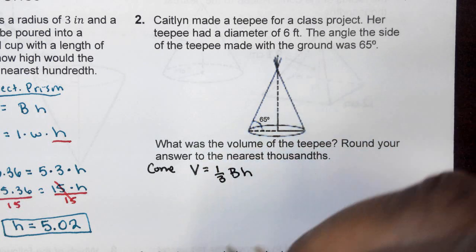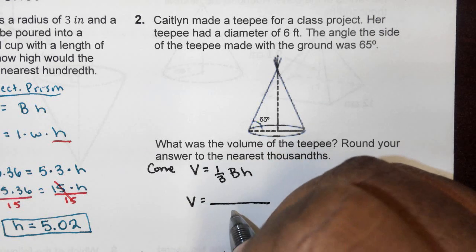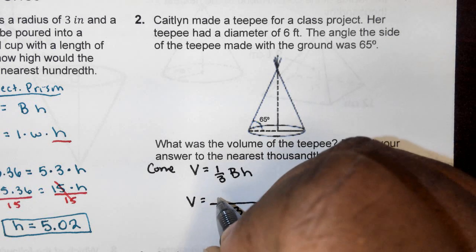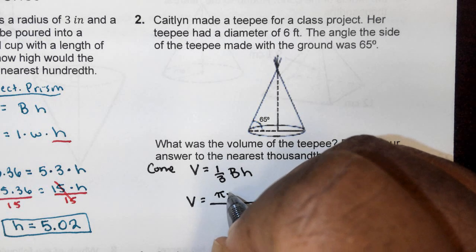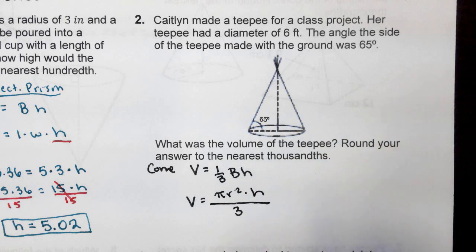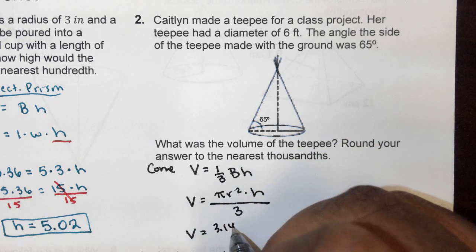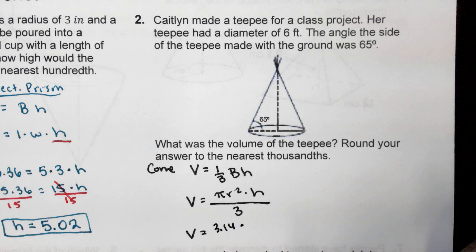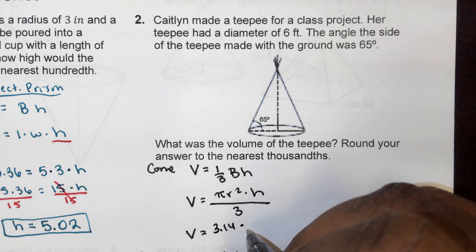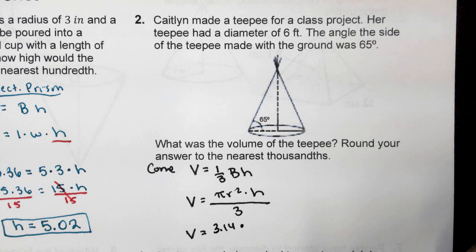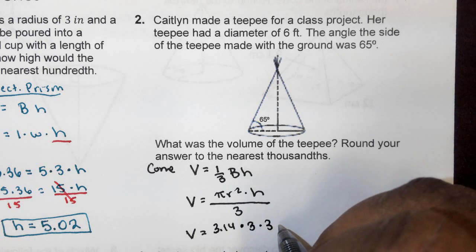Capital B times H. Capital B is pi r squared, so 3.14 times what do we give for a radius? 3 times 3.